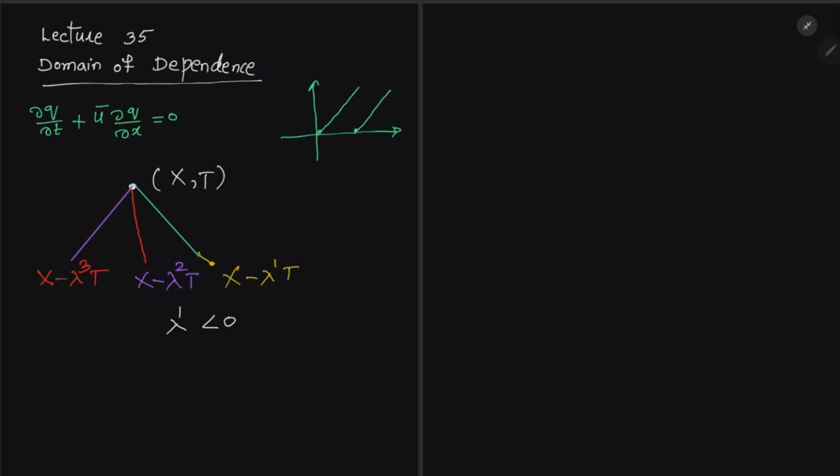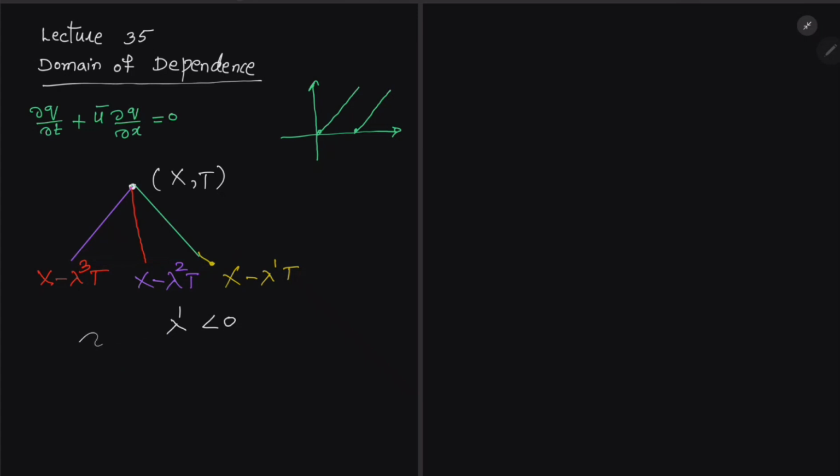So what do we learn over here? We learn that this point depends only on the values between these three points. It depends on these three points. This is called the domain of dependence.